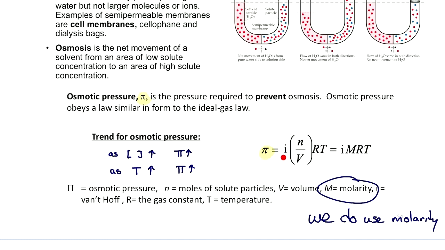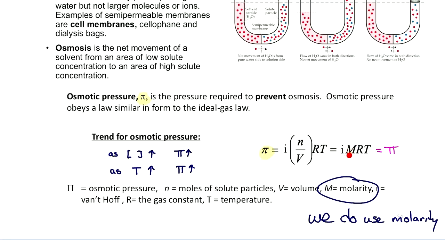But we also include i, the Van 't Hoff factor. So if we just rearrange PV = nRT, we get that osmotic pressure, pi, is equal to our Van 't Hoff factor times n over V, which is molarity, moles per volume of solution. So this is molarity, all right?